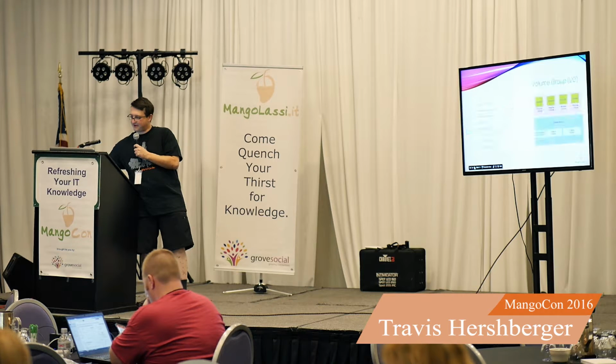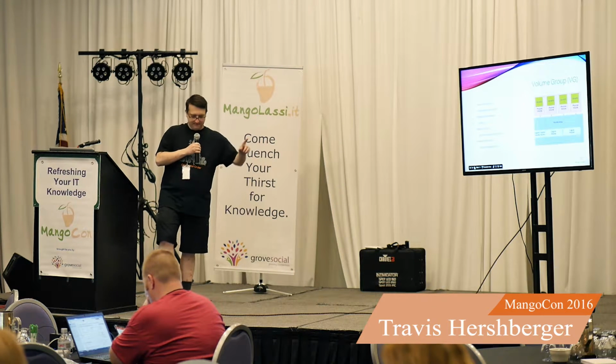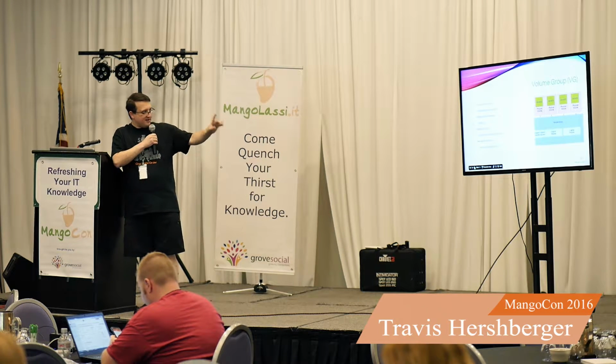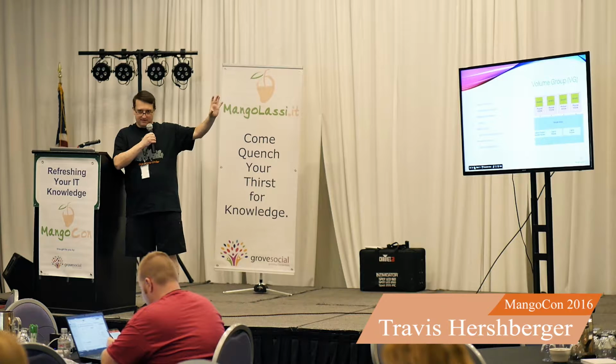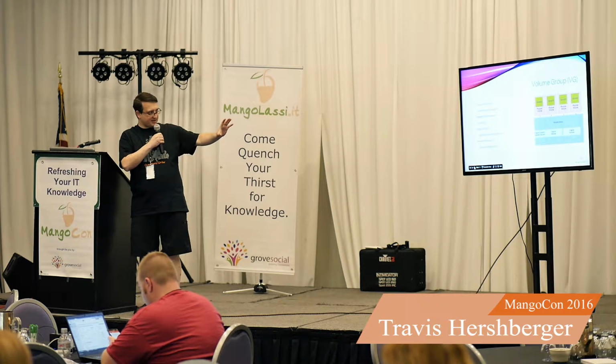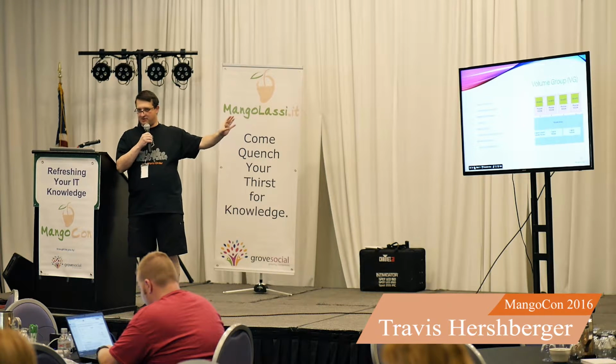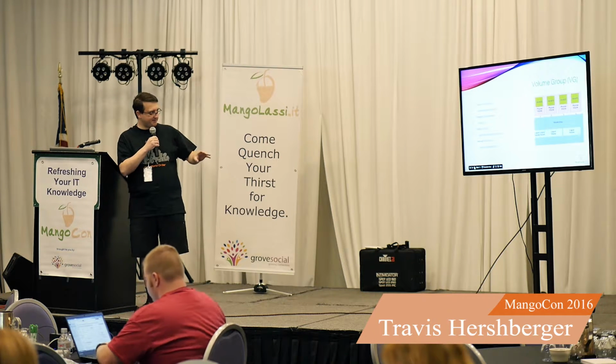Let me see if I can get, there's a good slide for it. Oh, there we go, you can hear me better there. With how LVM works, the physical volumes, you don't give them names, they're just referred to as the device on the system.